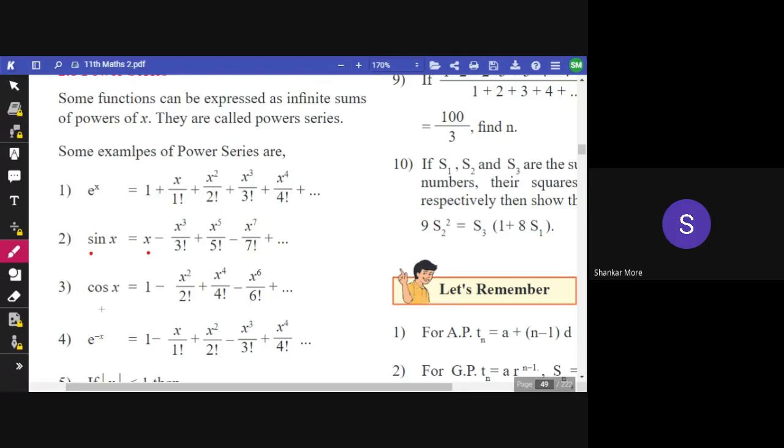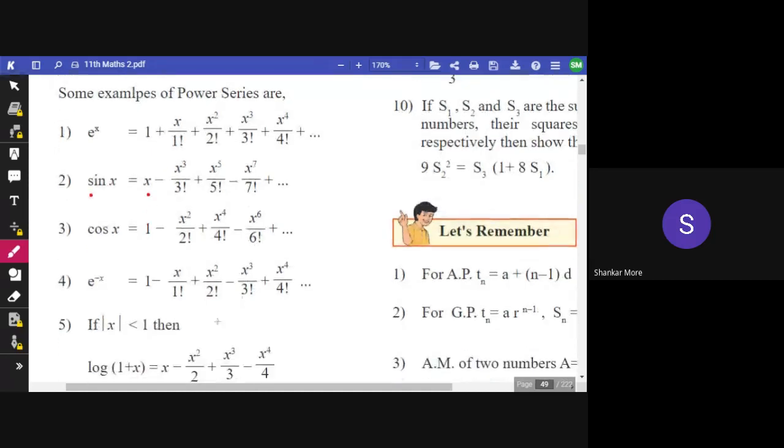Cos x can be represented as 1 minus x square by 2 factorial plus x raised to 4 divided by 4 factorial minus x raised to 6 divided by 6 factorial.